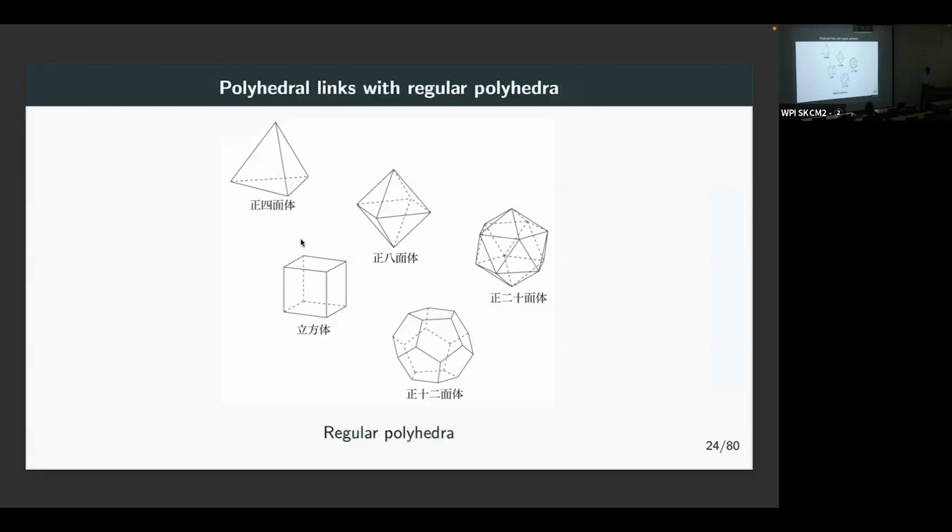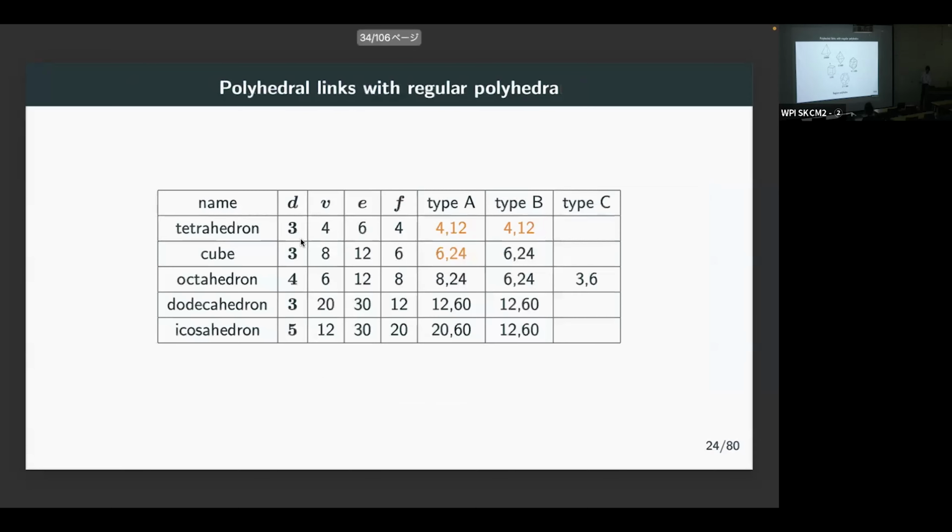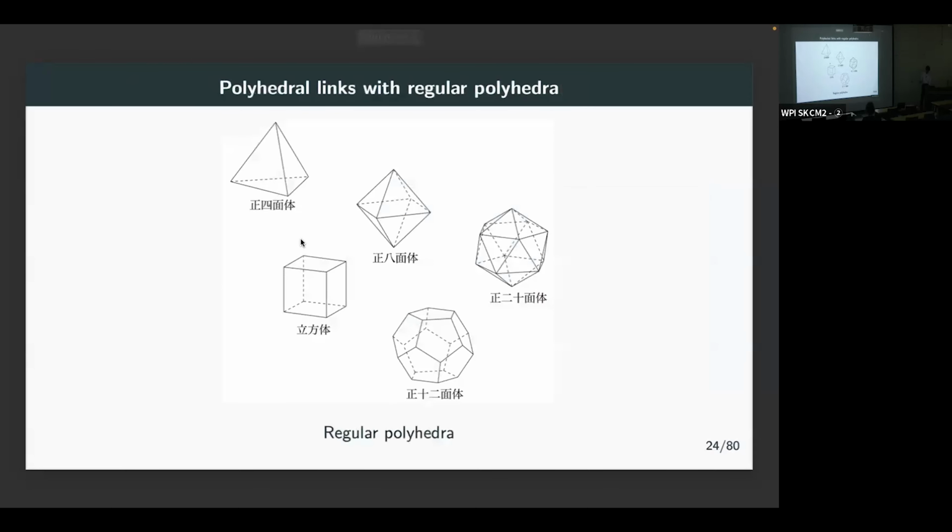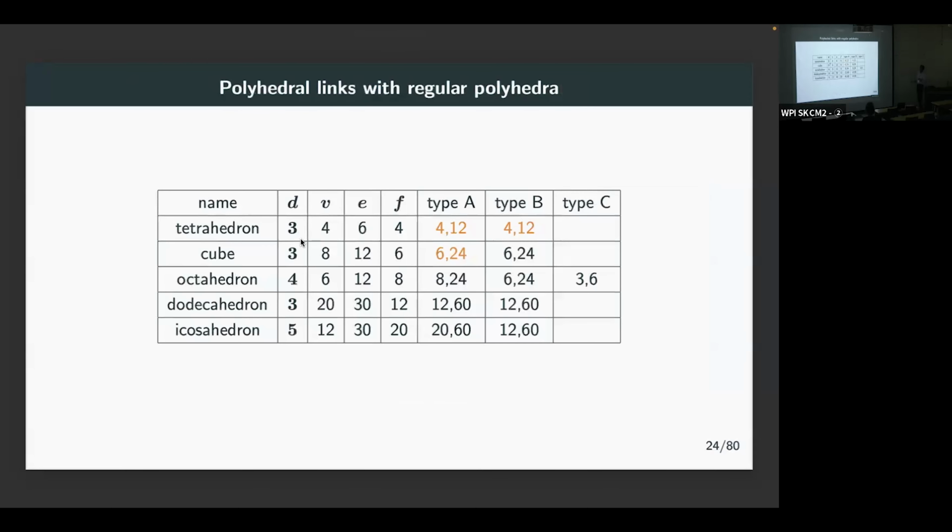And actually there are many polyhedrons. So in this picture, as an example of the regular polyhedra, there are 5 of those. And from this, you can make this type of polyhedron. And this orange one is actually made in the Fujita lab.